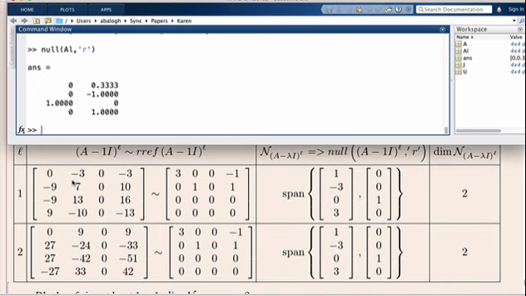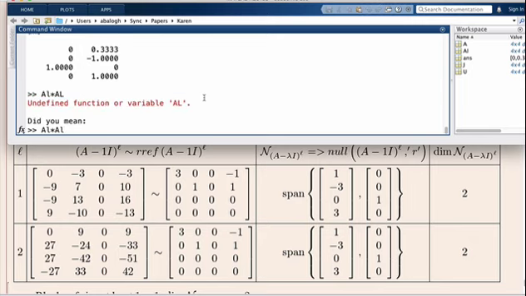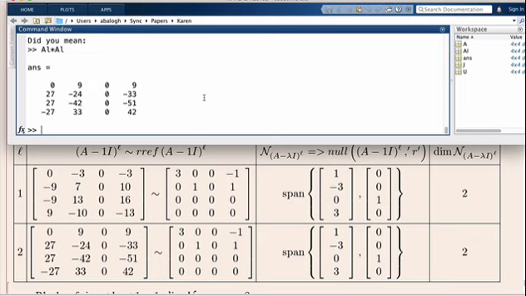Then we need the second power. So that's AL times AL, or yeah, that should be a lowercase L. Also AL squared should give you the same answer.